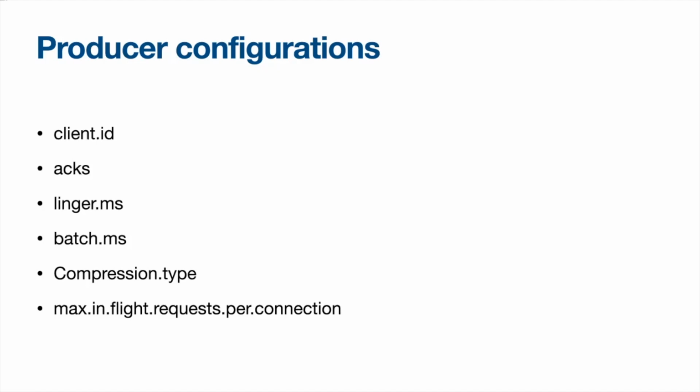And the next one is acknowledge, ACKS. Before I explain what acknowledge is, I would like to explain about ISR, that is in-sync replicas. In my previous video where I explained the Kafka architecture and its working, I explained a little bit of ISR. Nevertheless, I will repeat what I said over there.